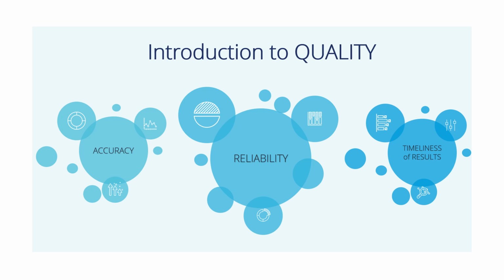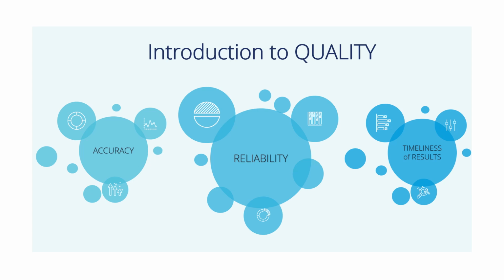For example, if the result was accurate and all the processes are reliable, but the result was not given on time, then it's too late for the patient and for the physician to use the result. It defies the purpose of having a laboratory result to aid in the recovery or in the diagnosis of the patient or the clinical physician's diagnosis for the patient.